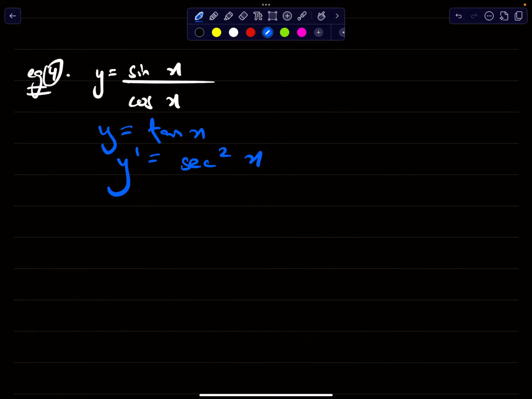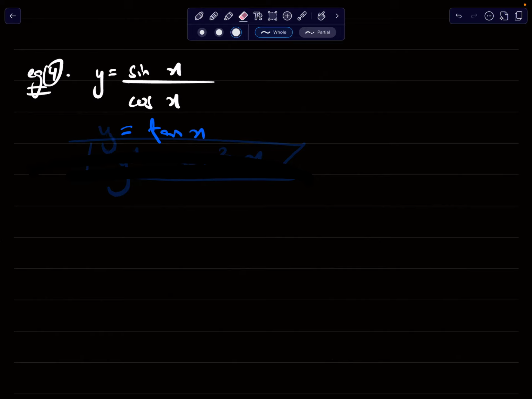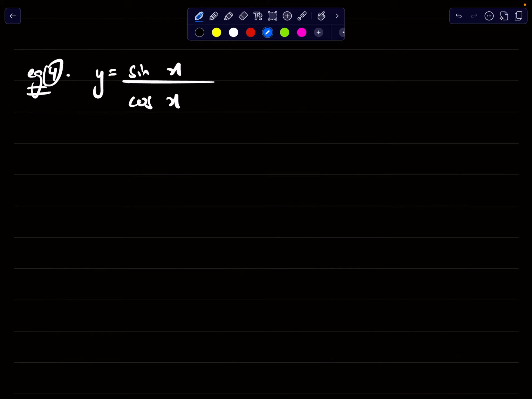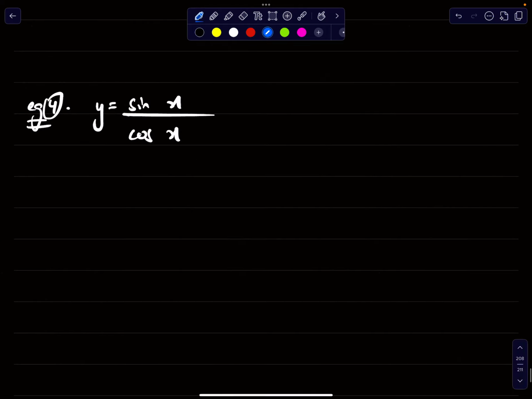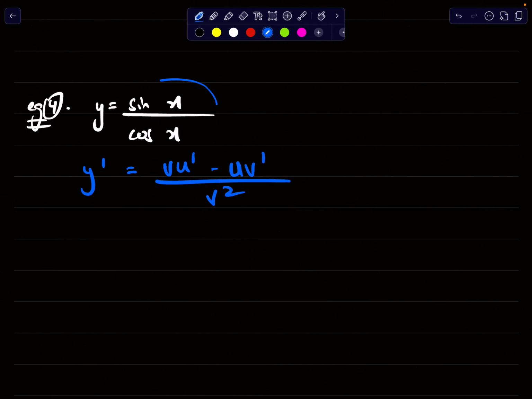So we should expect the answer to be sec square x, but in this case, let's not choose this approach. However, we can confirm the answer using this. So we have the differential as v u dash minus u v dash over v square. If you're wondering what this is, we are applying the quotient rule, since we have two functions being divided.